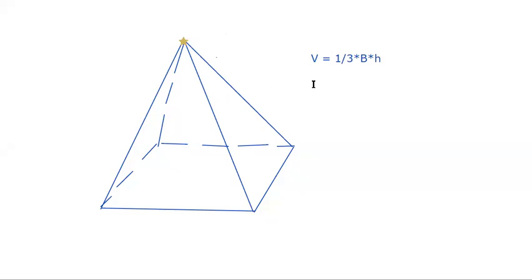So let's write that out, so when you look back at your notes later, you'll know: 1/3 times the area of the base times the height. Now remember, the height is what's in the very middle.